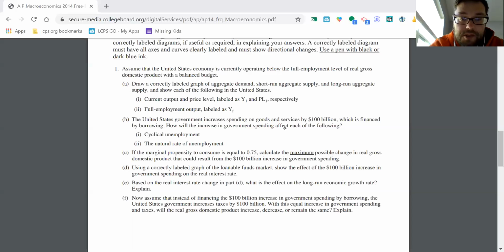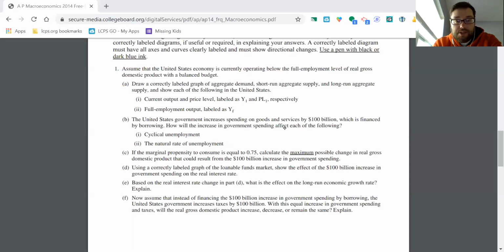Which has nothing to do with the cyclical unemployment. The cyclical unemployment is what makes us move away from the NRU. So we're affecting cyclical unemployment, but the NRU is not affected at all. The structural and frictional, there's nothing that gives us information that those have changed. The NRU is no change, but the cyclical unemployment would decrease there.